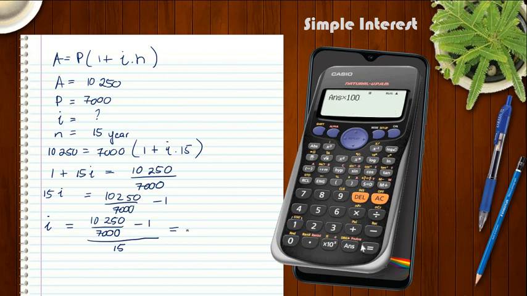Then we have to times it by 100, so our interest will be 3.10 to 2 decimal places. And that is the percentage then. So this is in decimal form, but this is in percentage.